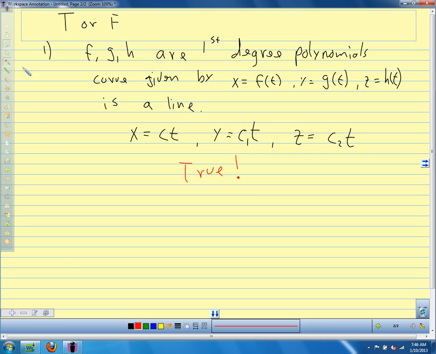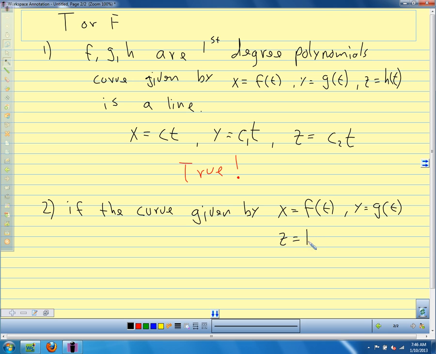All right, now we're going to ask the question slightly differently. Question 2. If the curve given by these parametric equations, x equals f of t, y equals g of t, and z equals h of t, is a line, then f of t, g of t, and h of t are first degree polynomials.